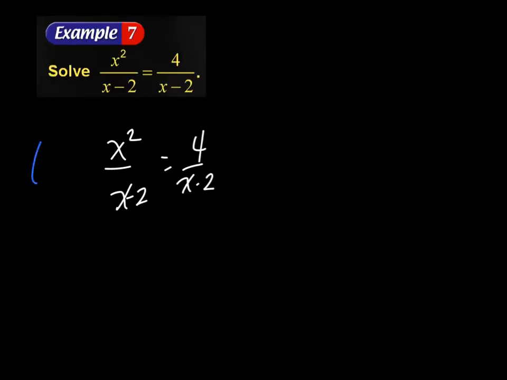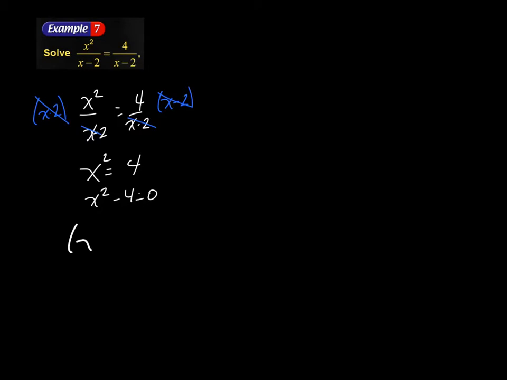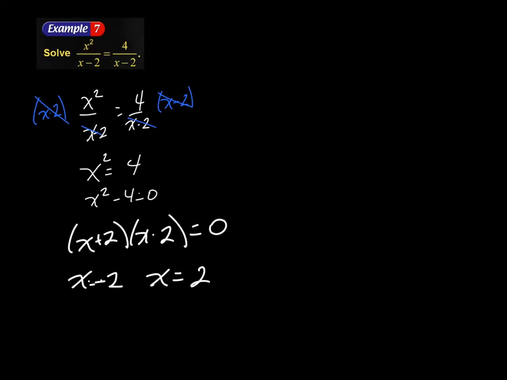Once again, we can multiply both sides by x minus 2 and cancel. Lovely. So I get 4x squared equals 4, or x squared minus 4 equals 0. We can factor that into x plus 2, x minus 2, because it's difference of squares. And so our two solutions are negative 2 and positive 2.